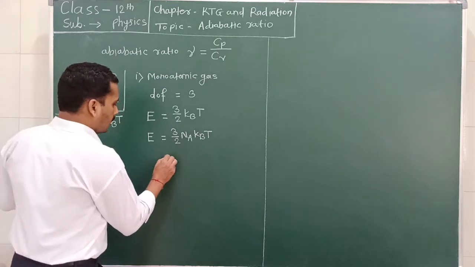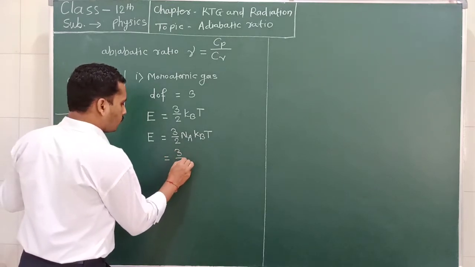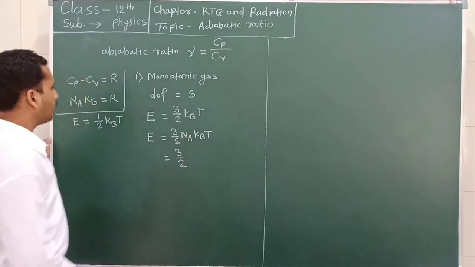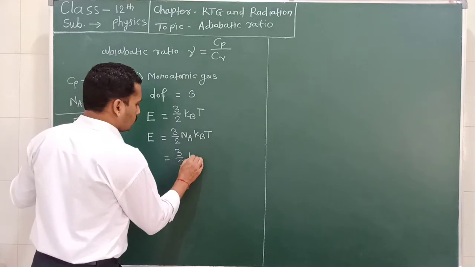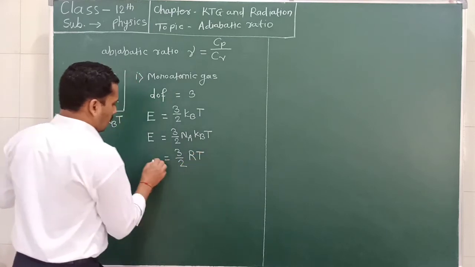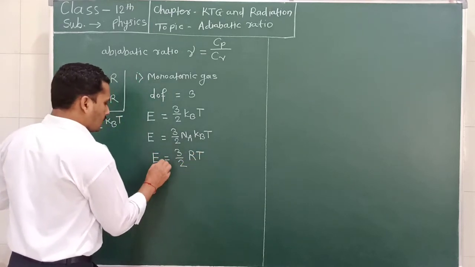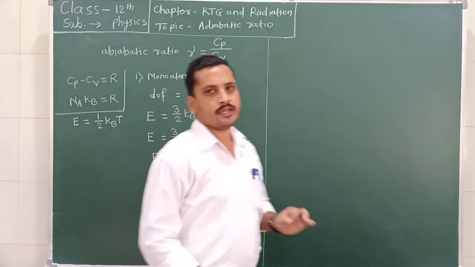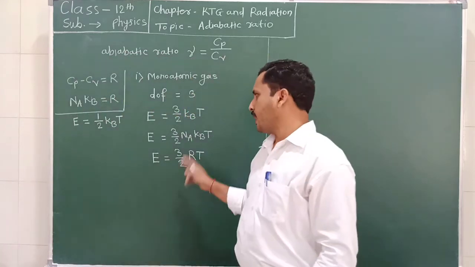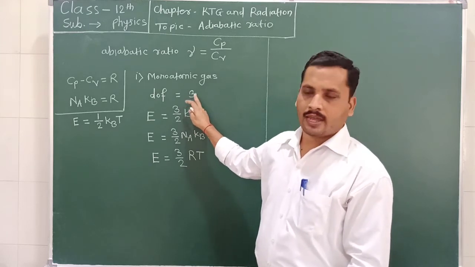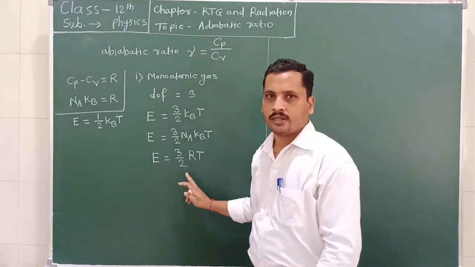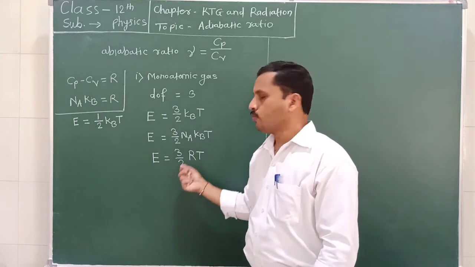As we wrote earlier, Na multiplied by kB is equal to the gas constant, so we can write here it is equal to 3 by 2 RT. So this is the internal energy of the monoatomic gas having 3 degrees of freedom at the temperature T per mole.